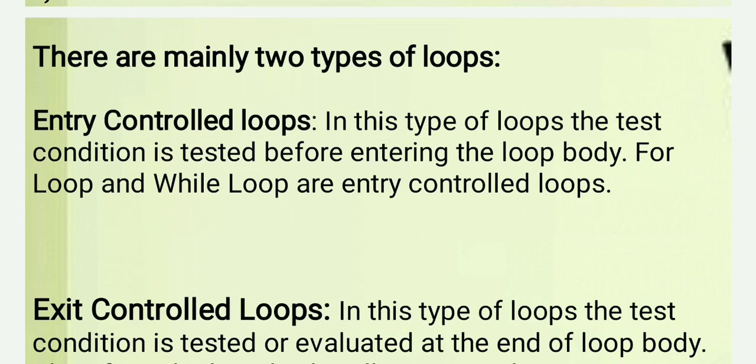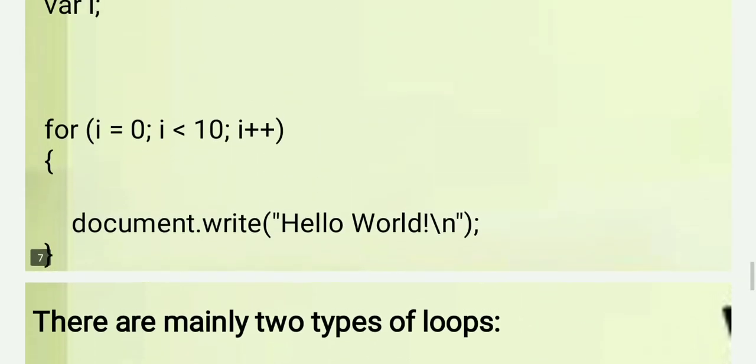In an entry controlled loop, the condition is tested before entering the loop body. You can see here in this for loop, in the brackets the variable's condition is given, at the starting position. It is like the gate at a party: if they ask you for a card, they ask at the entry level, show the card and go inside.